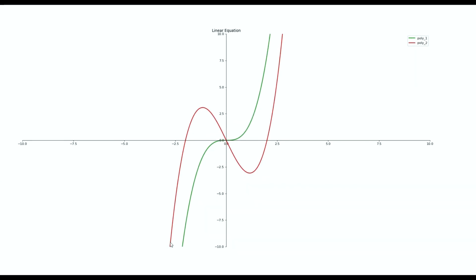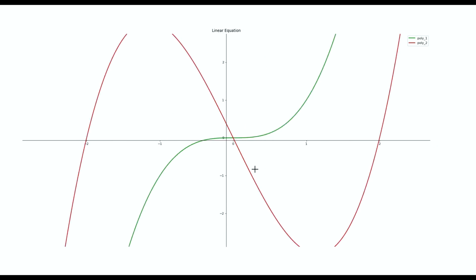So here you have the red line passing through the x-axis at 3 different places, while the green is just passing through the x-axis at only one place. It looks like it might be passing through a lot of places, but if you zoom in, you'll get to know. And even the zooming in is a bit tricky, right?